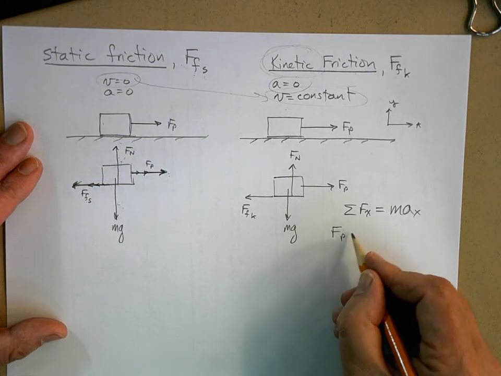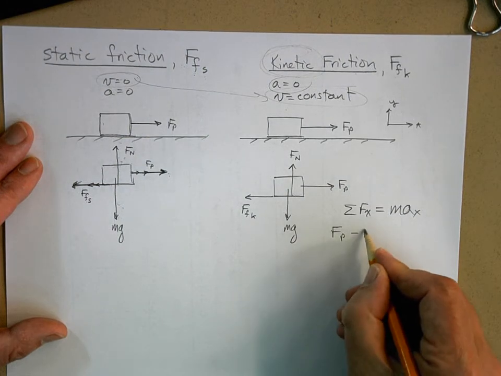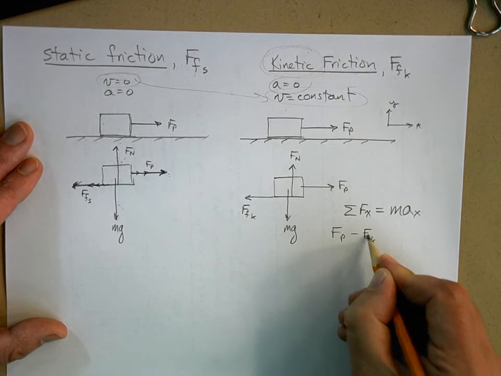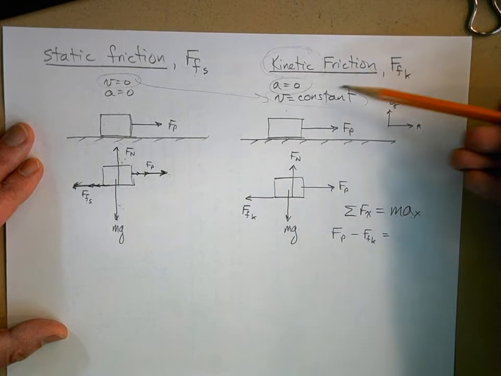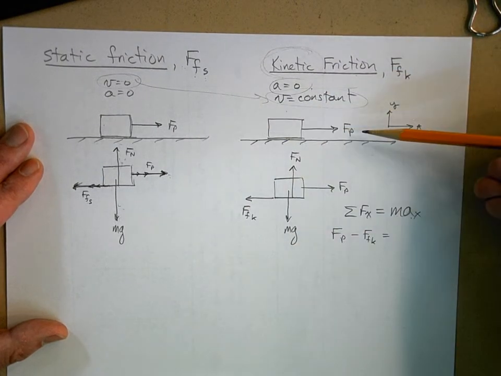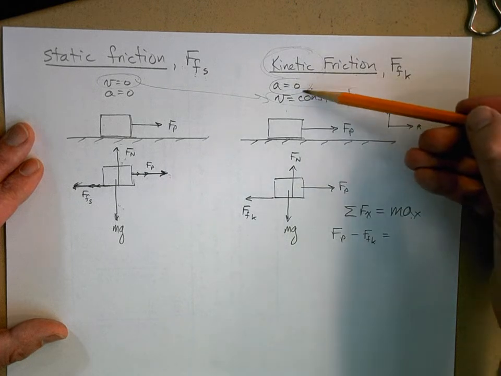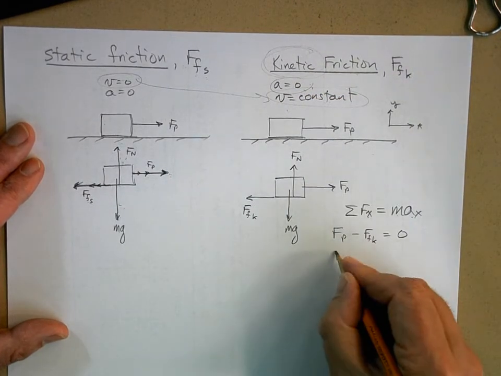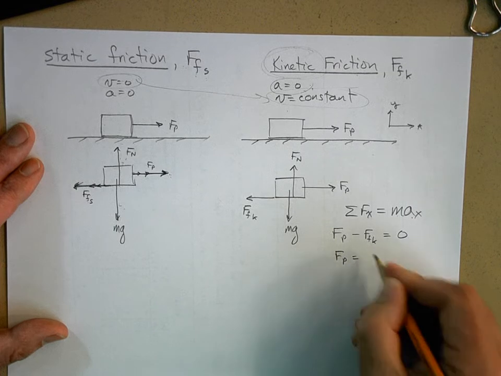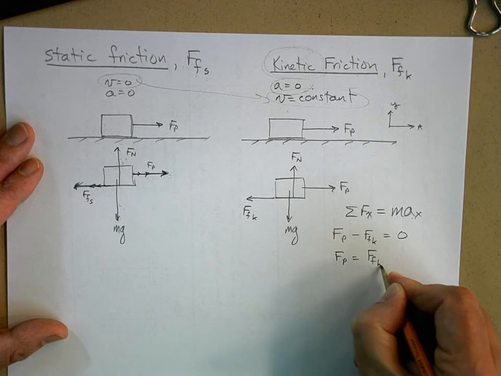Well, the pulling force minus the force of kinetic friction is going to be equal to ma, but a we stipulated. Let's move this across the table at a constant speed, so that's going to be 0. So the pulling force is going to be equal to the force of kinetic friction.